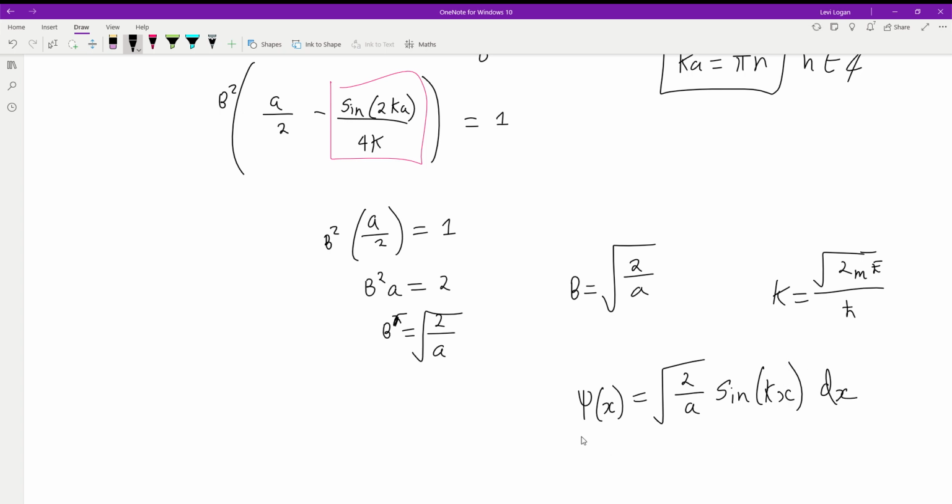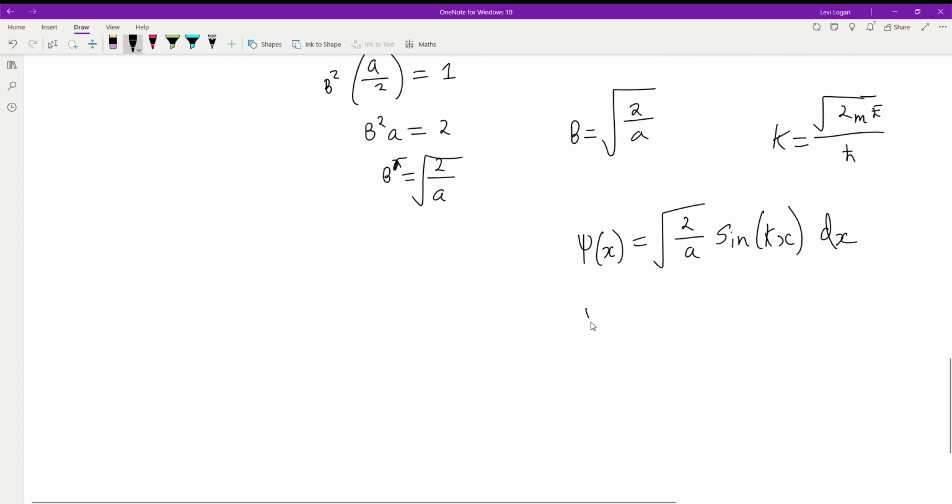So if you wanted to find the general expression, so you want the wave function at different energy levels, all we've got to do is substitute in here. Because we know that k is also going to be equal to, since we know ka is n pi, k is just going to be n pi over a.